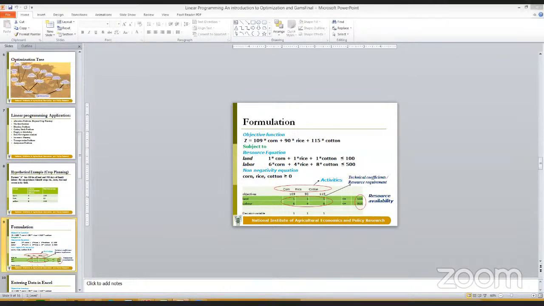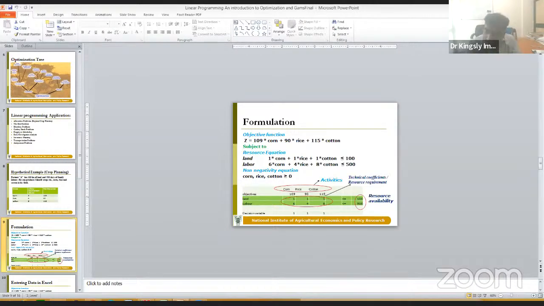So the objective function is over. The objective function is nothing but the sum of the product of net revenue times area under the crops. That's the simplest way to express it.